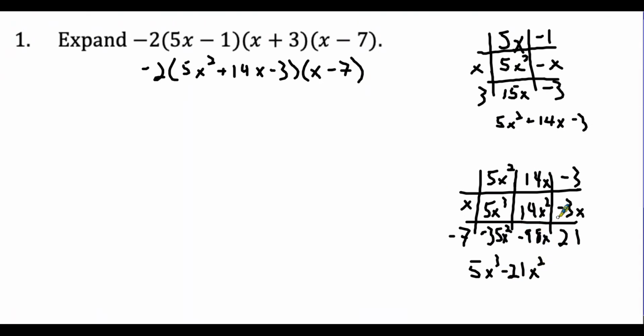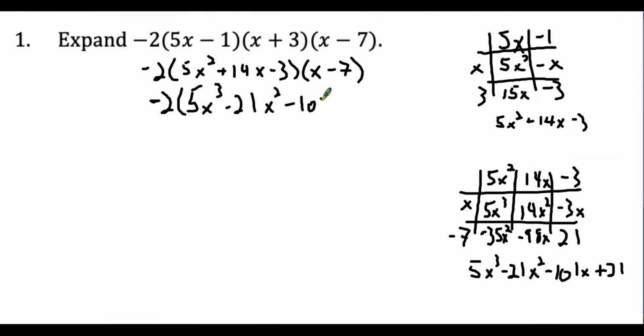Negative 98x and negative 3x would combine to negative 101x, and then nothing to combine my 21 with. So at this step, we now have negative 2 times this polynomial down here, 5x to the third power minus 21x squared minus 101x plus 21.